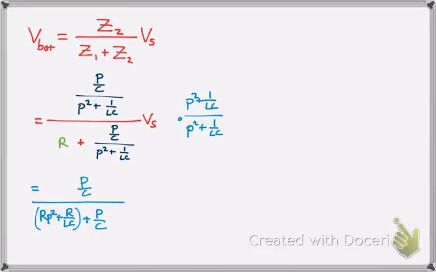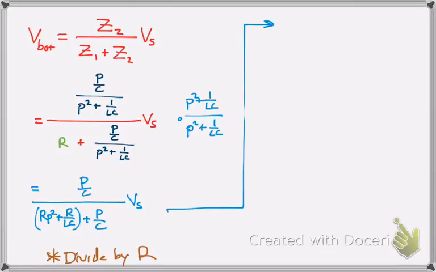So then let's rearrange that equation, times the s, by dividing by R to make sure that the coefficient in front of p squared is equal to 1. So we divide by R, and I'm going to rearrange the equation a little bit. When we divide by R to the top and bottom, we get 1 over RC, and I just put the p off to the side there.